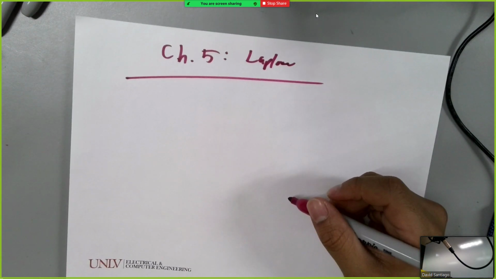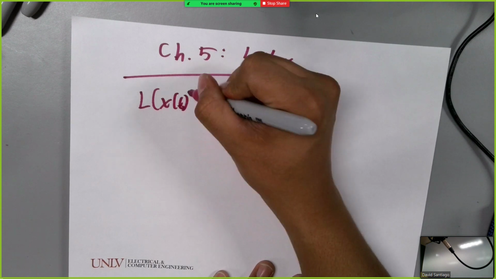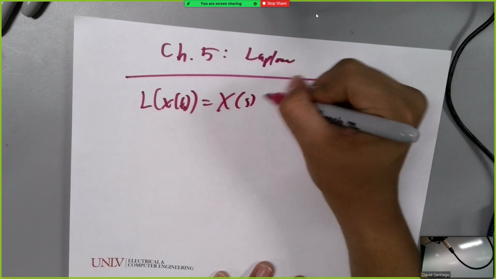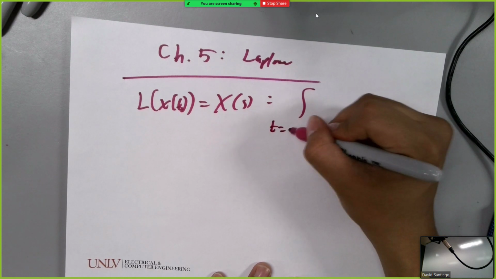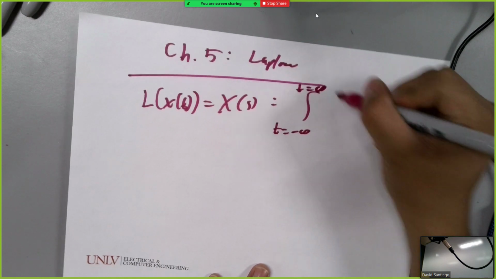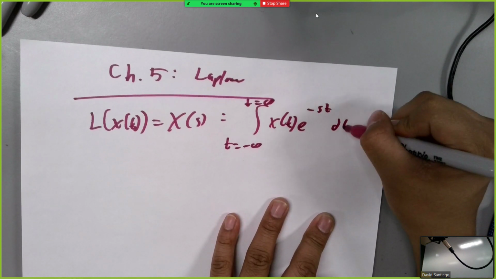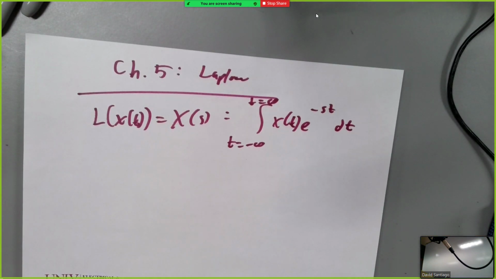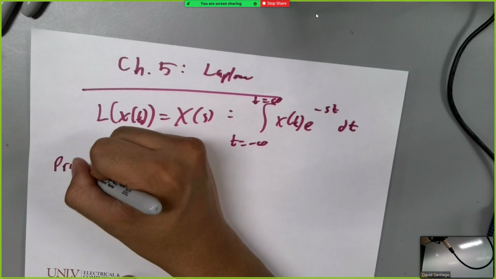Remember all that stuff? L of x of t is equal to X of s, which is equal to the integral over all time of x of t e to the minus st dt. Everyone can do that, right? Everyone's going to remember the following properties.